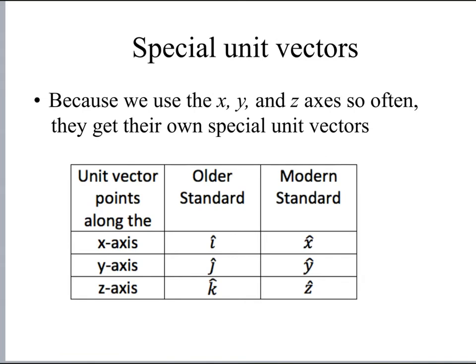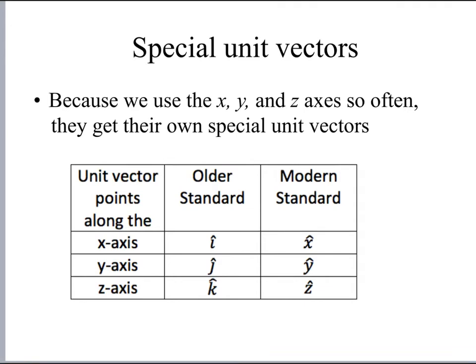Now, we started off this video by superimposing a vector on the Cartesian plane on top of the xy axes. And in 3 dimensions, there would be an x, a y, and a z axis. And so those Cartesian directions are very commonly used in physics to represent the location of points in space.